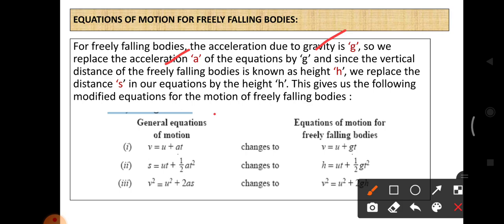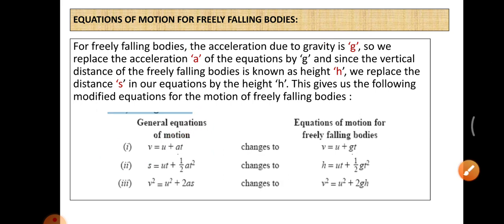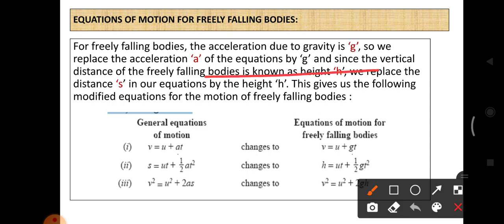See, these are the general equations of motion. Here v is the final velocity, u is the initial velocity, a is acceleration, t is time, and s is distance. That means if the object is moving along a straight line, initially it has the velocity u, finally it has velocity v, and it travelled some distance s in the time t.